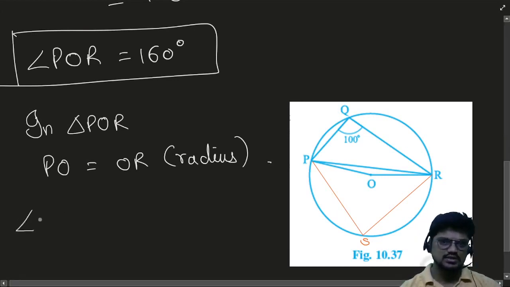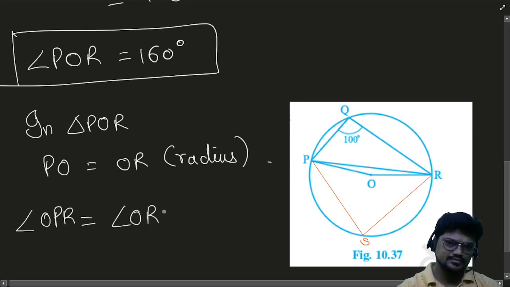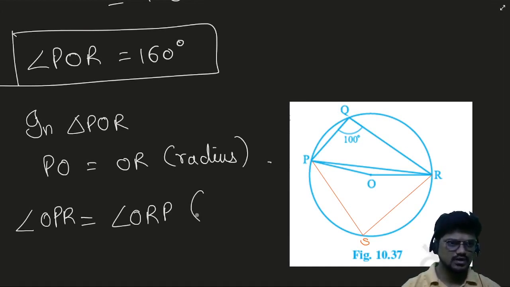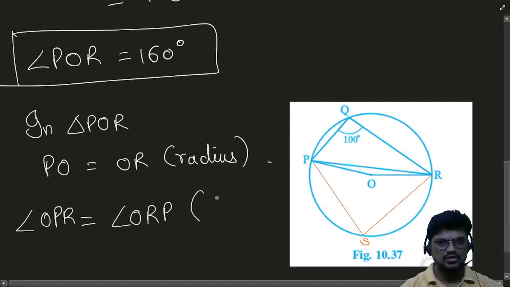I can also say that angle OPR is equal to angle ORP. What is the reason? Isosceles triangle property: angles opposite to equal sides are equal. You can write isosceles triangle property.